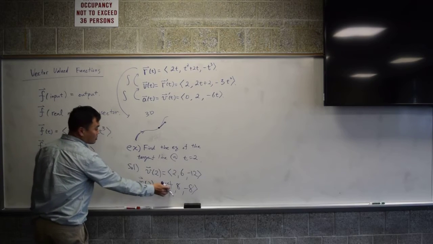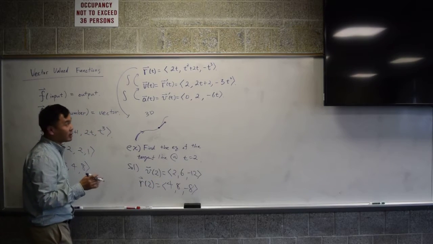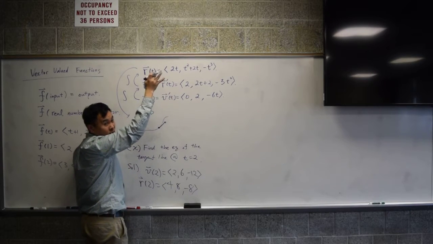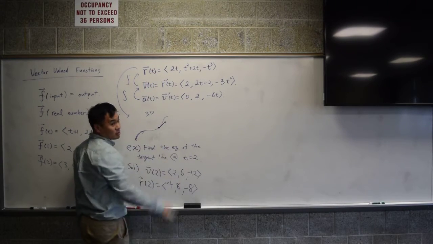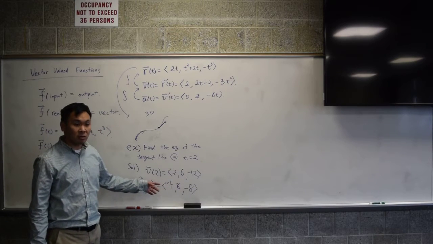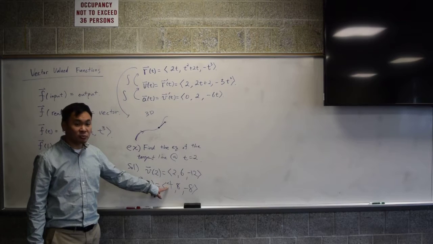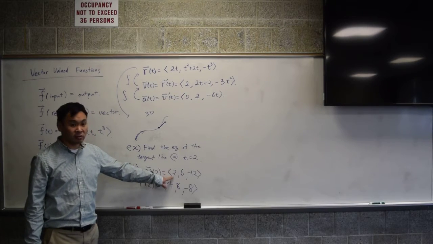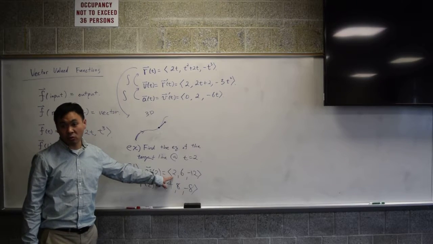That's where the particle is. (4, 8, negative 8) is where the particle is when t equals 2, let's say 2 seconds. So we are looking for a line which passes through (4, 8, negative 8) and has the direction (2, 6, negative 12).